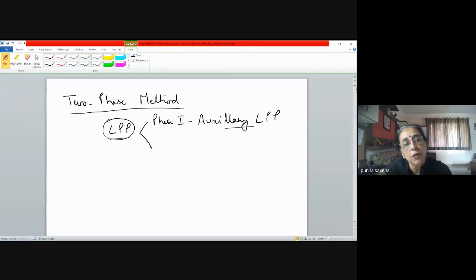Okay, so once we have constructed this auxiliary LPP, that becomes your phase one. That means you are not solving your original linear programming problem, you are solving the auxiliary linear programming problem by using the simplex algorithm. So we talk of initial basic feasible solutions, we talk of initial table, we solve it as we have done in simplex algorithm. We look for the entering criteria, leaving criteria, and the optimality criteria as well.